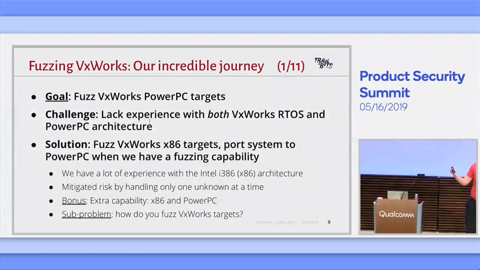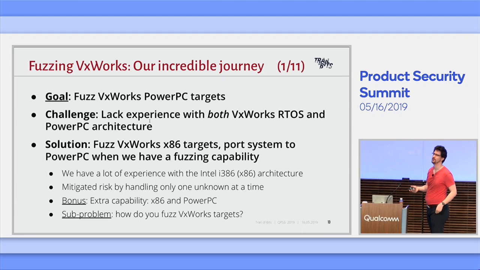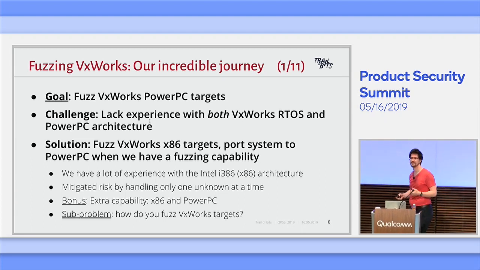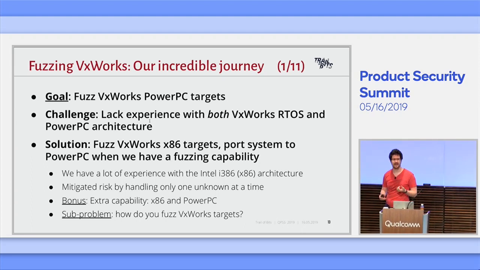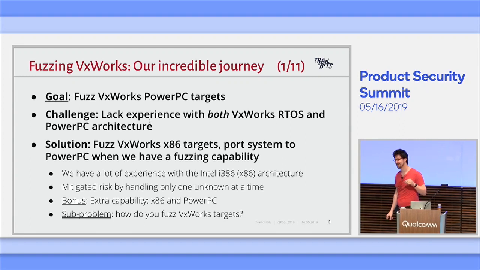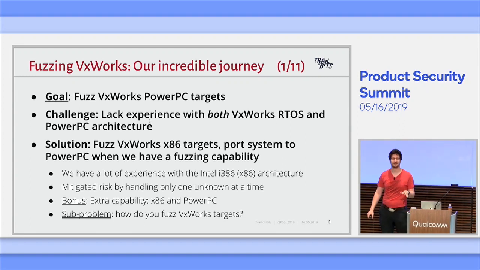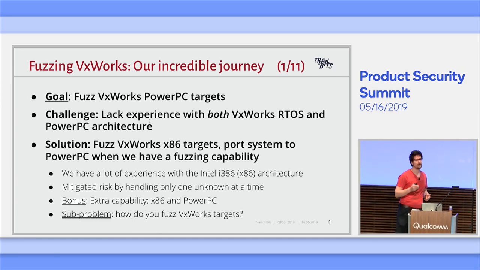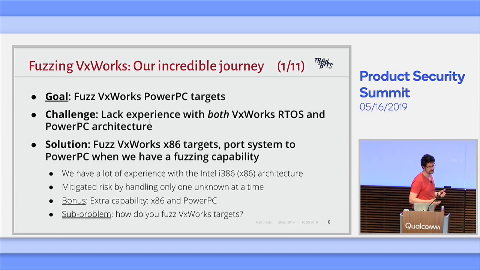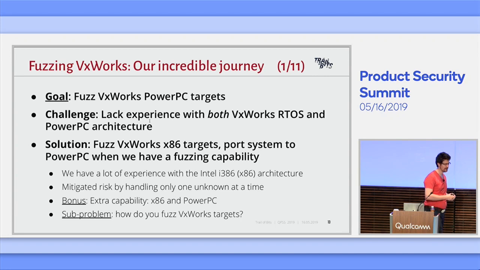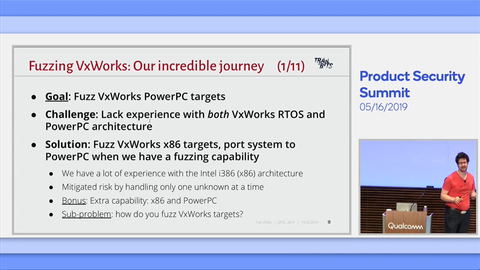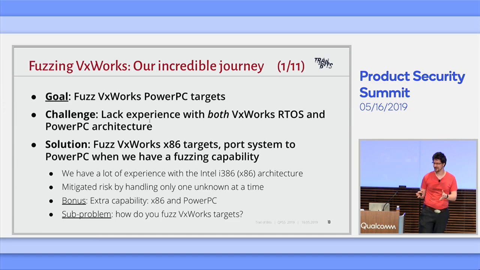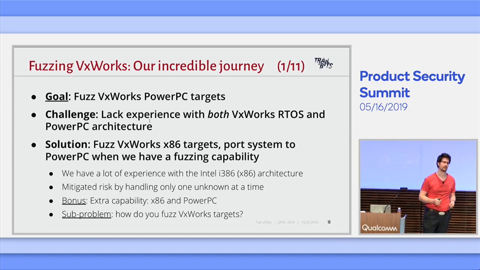So as Artem kindly introduced, our overarching goal was to fuzz PowerPC VxWorks targets. And a kind of funny thing about this whole project was that neither of us had any experience whatsoever with PowerPC or VxWorks. So it's like going in with two unknowns. But we had a lot of experience with x86, and we wanted to mitigate the risk on this project. So we said, we're only going to solve one problem at a time.